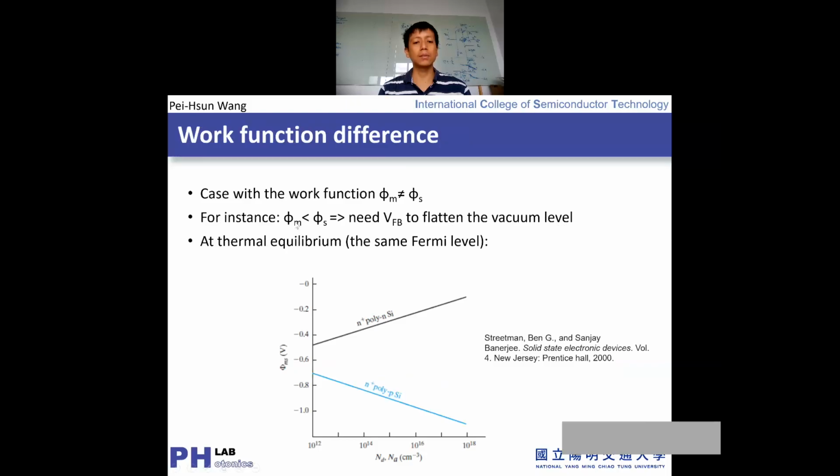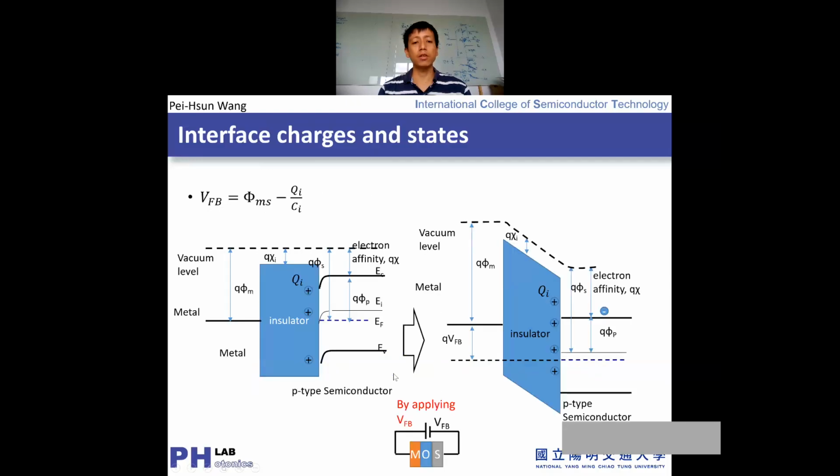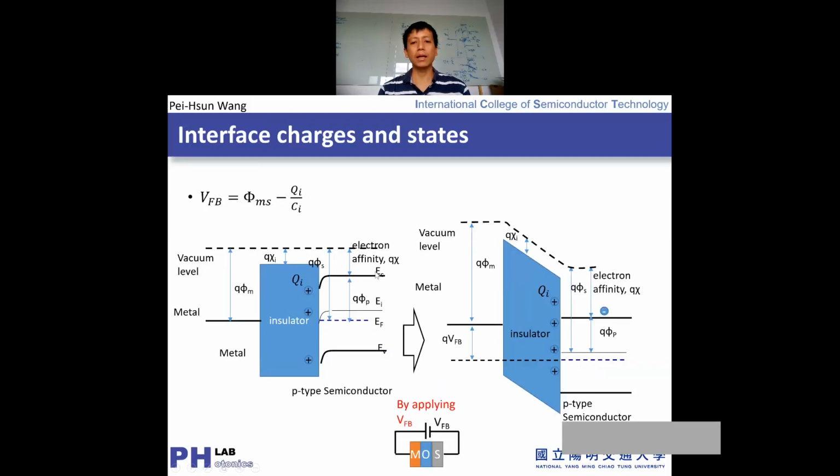If phi S is larger than phi N, the flat band voltage should be negative. So you get phi S larger than phi N with a negative flat band voltage. And similarly, as we previously mentioned, the QI is positive. Okay, so we get a QI positive, need a flat band voltage with the electric field from semiconductor to metal.